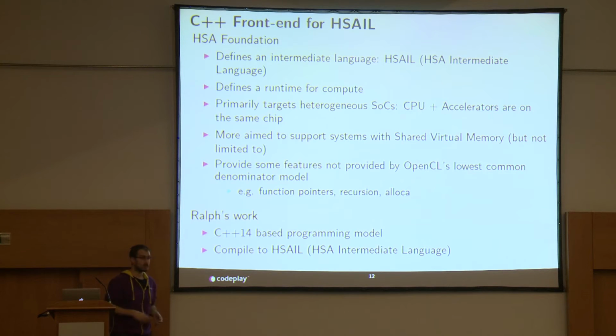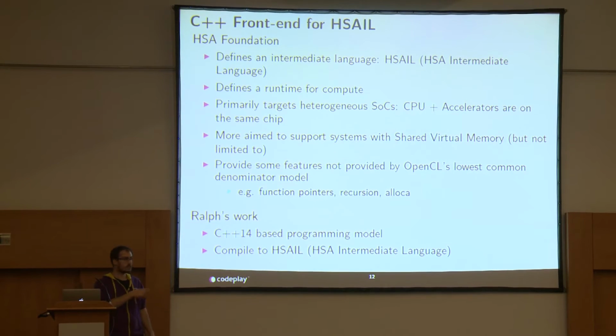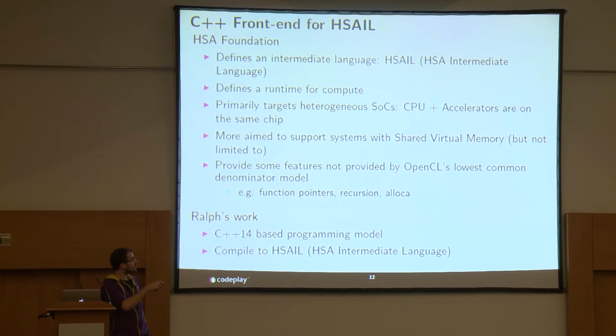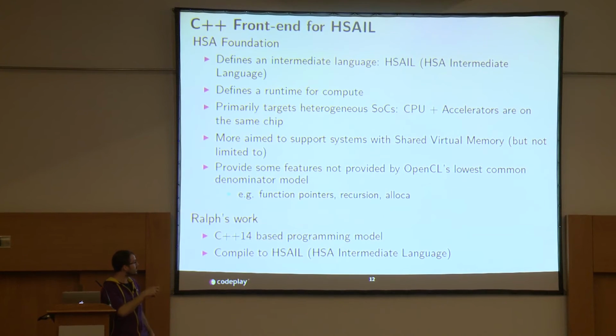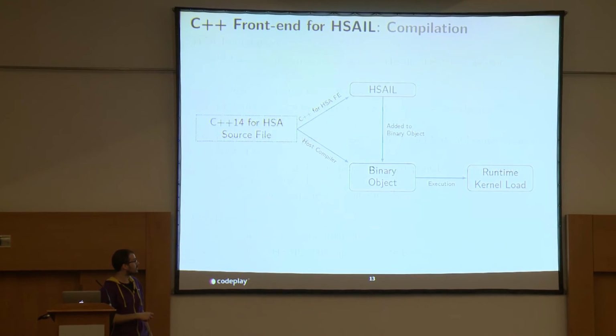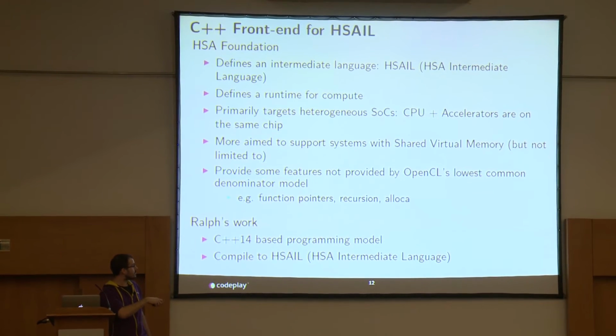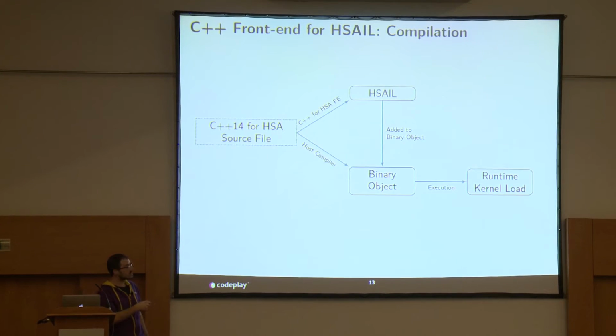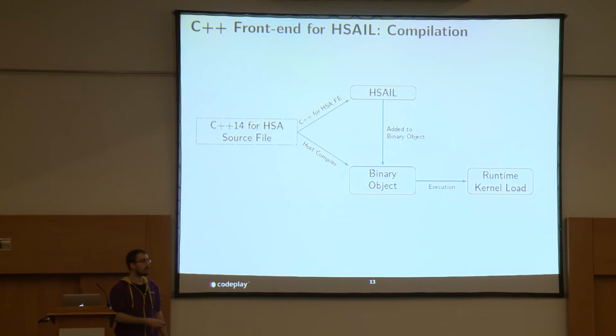And Raf, our PhD student here, made a C++14-based programming model to support this. So you heavily rely on virtual shared memory and compile all this code down to HSAIL. The compilation flow followed is fairly the same.